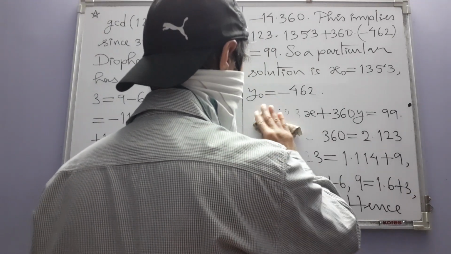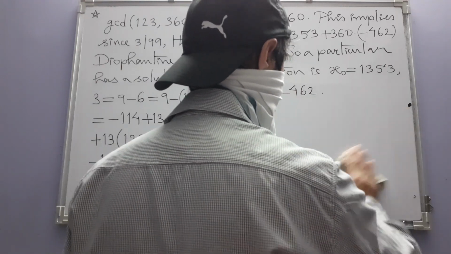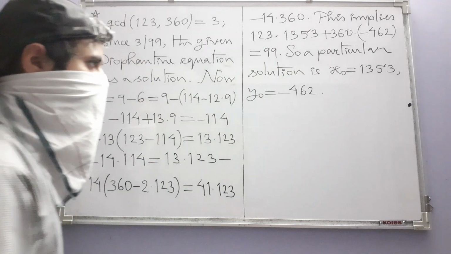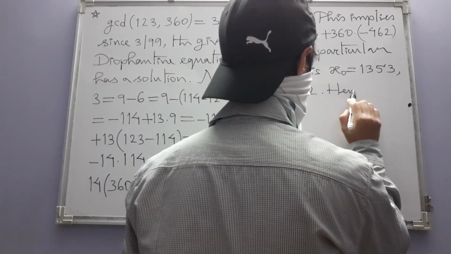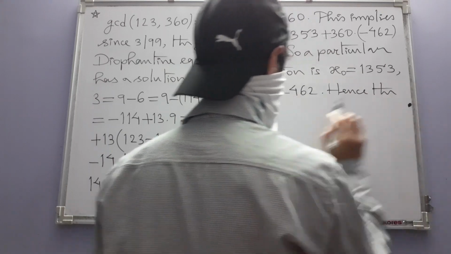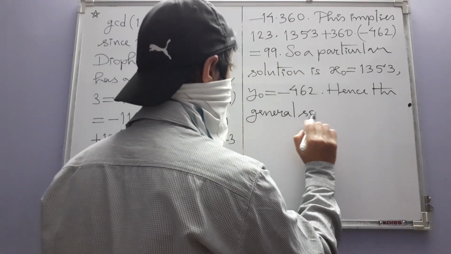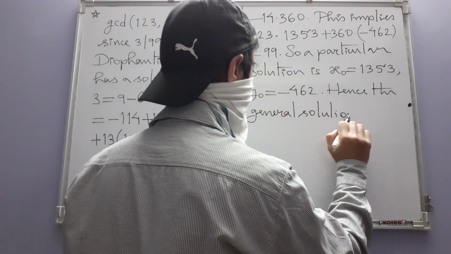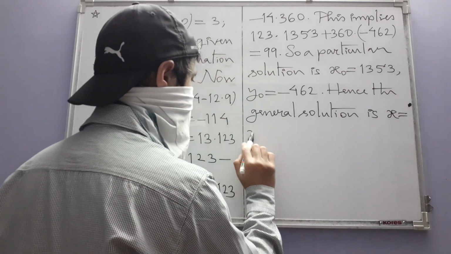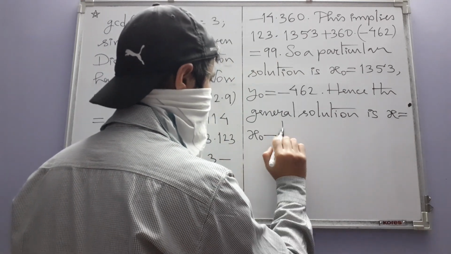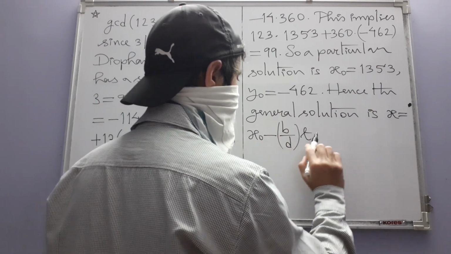So now we write the general solution. Hence, the general solution is x equal to x naught minus b divided by d times t.